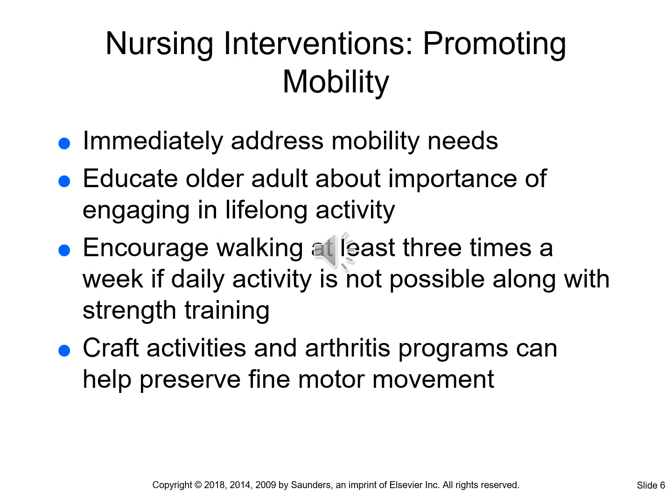So, as we stated before, we want to educate our patients on the risks that occur with being immobile and the importance of them getting up, getting moving, being active as possible for as long as possible. If they're able to walk, have them walk for 20 to 30 minutes at least 3 times a week.